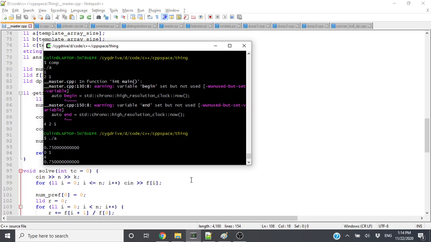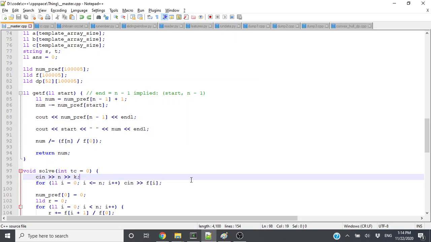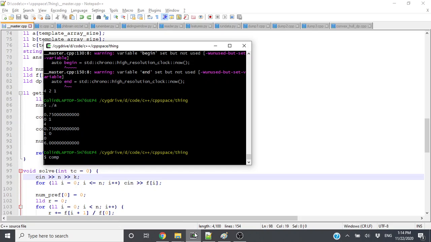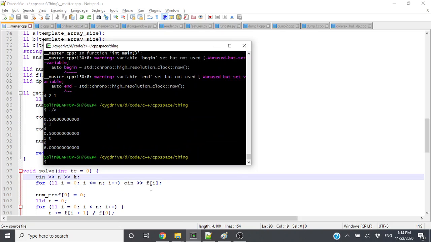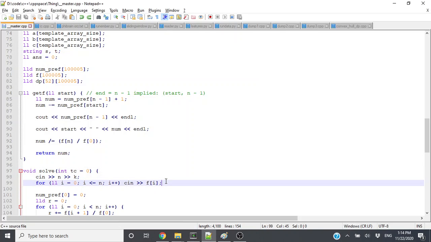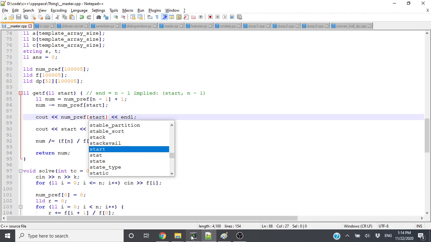So why is that now 1.5? It should be 1.5. Why is it not? What is num prefix of start? Should be 0. Start.